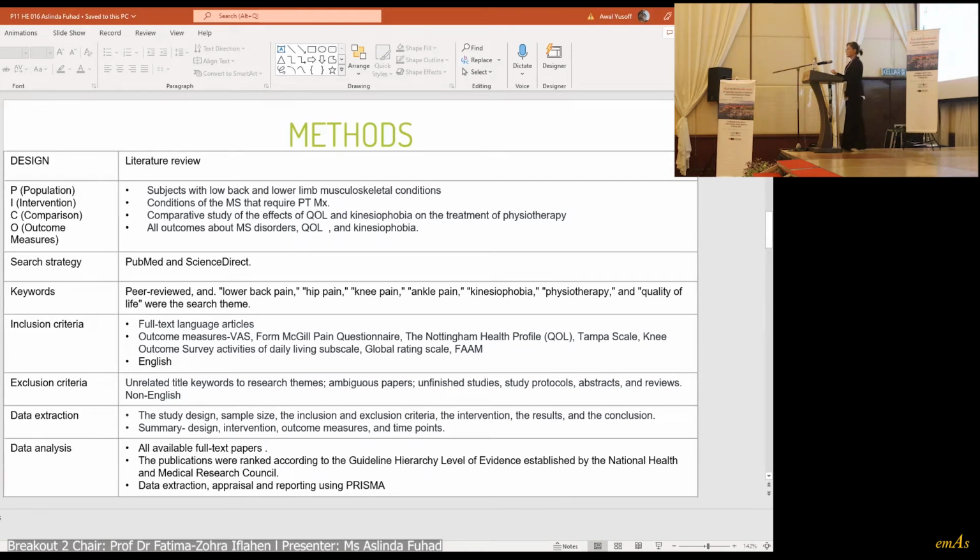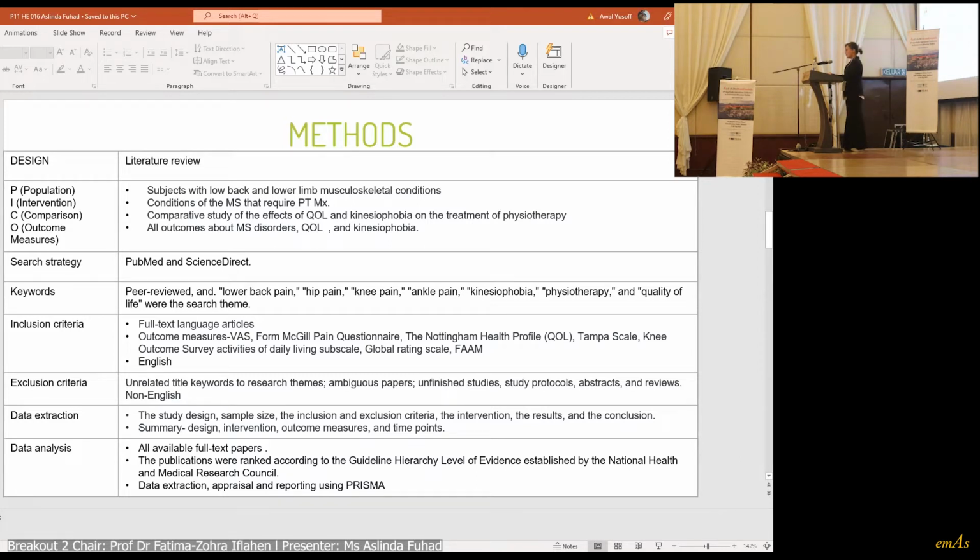For the population: subjects with low back pain and lower limb musculoskeletal conditions. For the intervention: musculoskeletal conditions that require physiotherapy management. For the comparison: a comparative study of the effects of physiotherapy treatment on quality of life and kinesiophobia. For the outcome measures: all outcomes about musculoskeletal disorders, quality of life, and kinesiophobia.